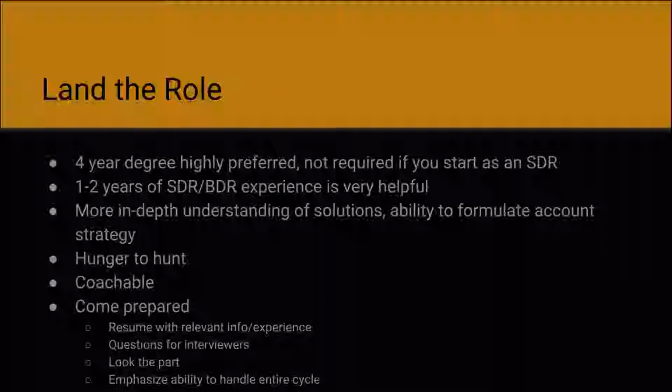Things that you're going to want to really show that you can do or present is more in-depth understanding of the solutions, which would include doing a lot of research on the technical side of things. Being able to understand these things on a high level is really important.